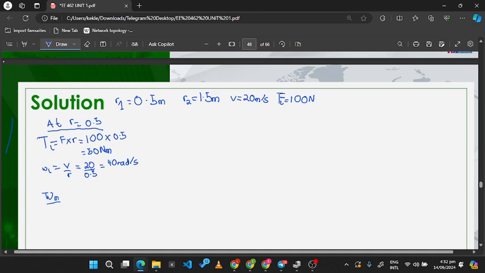We're given the gear ratio as 4 is to 1, so this would be 4 times omega L. That gives us 4 by 40, which is 160 radians per second.